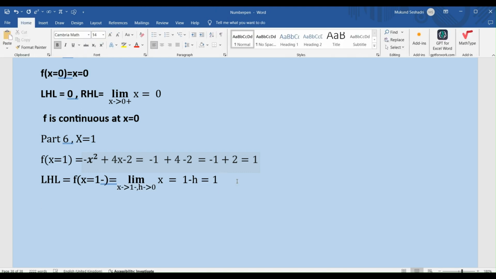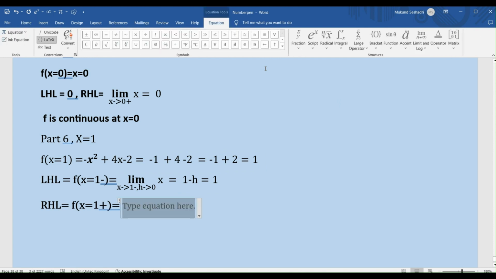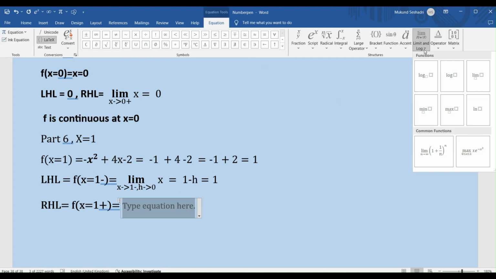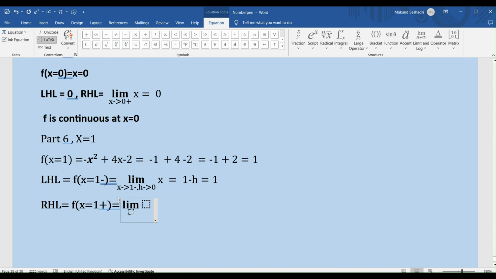And what is my RHL? My RHL is f of x as x tends to 1 plus. I approach 1 from the right, and therefore I will have to call on my limit symbol where I approach 1 from the right.